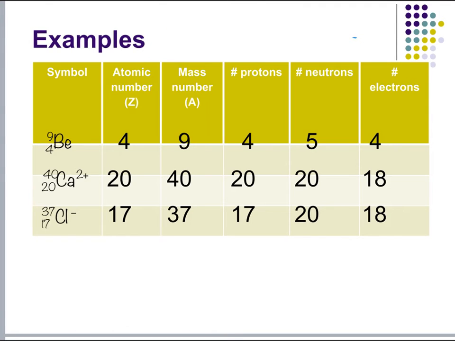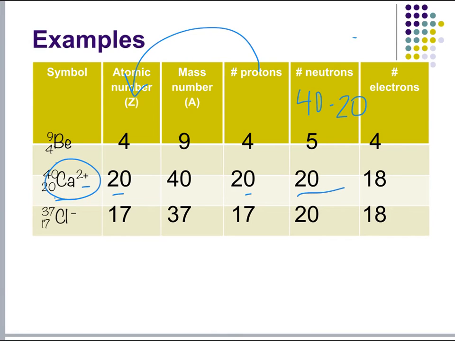All right, looking at the next one, the 40 20 calcium, but it is an ion. So the atomic number again is the bottom number, which is 20, and the mass number is the top number, which is 40. Protons are going to be equal to the atomic number, so again 20. And for the neutrons, we're going to take our mass number of 40 and subtract the atomic number of 20, which is also 20.